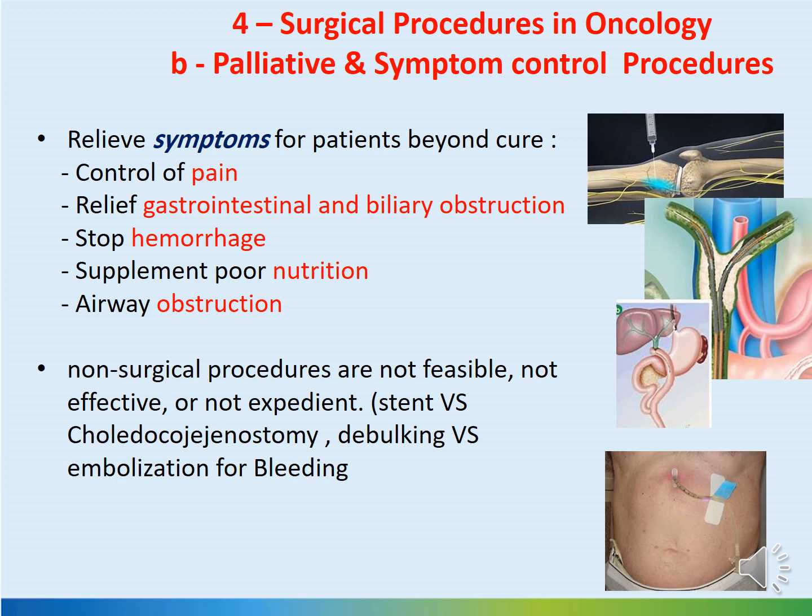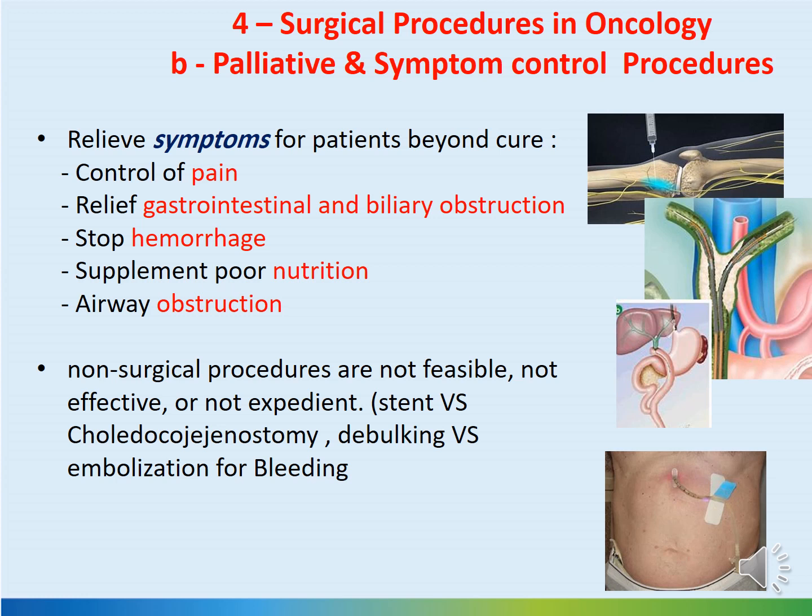So we have many types of palliative procedures. We can do these procedures with non-surgical procedures nowadays. And when we have a non-surgical procedure available and it will be effective, it is better to go with the less aggressive procedure. I will give you an example.